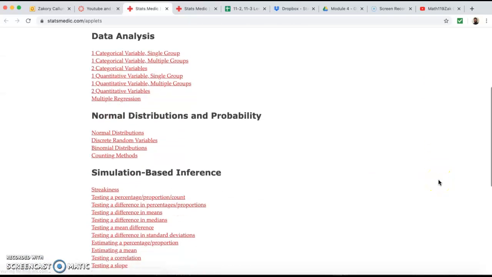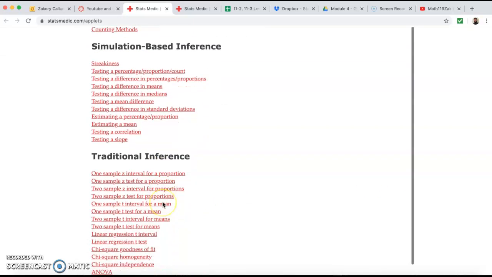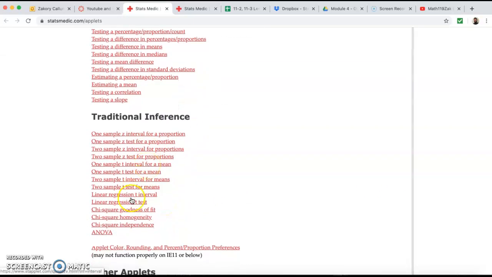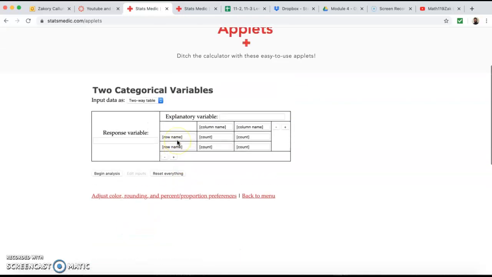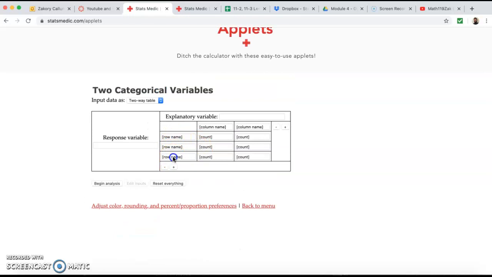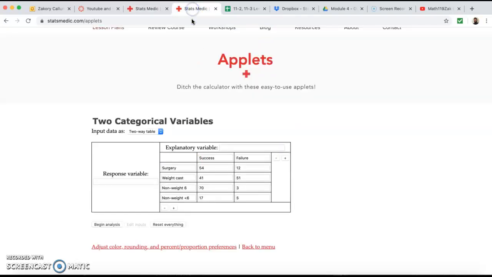The applet you want to use for these types of problems is under traditional inference, and you want to use this one, chi-square independence. And for this, you can add rows and columns for whatever you need, depending on how the data is set up. So to save some time, I typed it in already over here with the added rows, and all that information typed in from that problem.